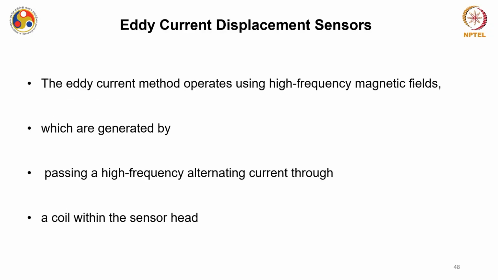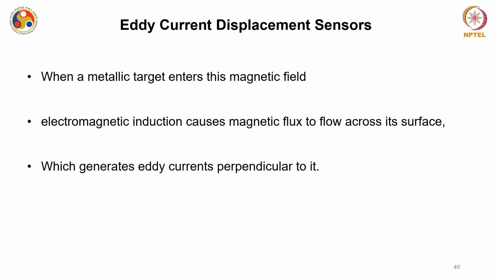So they are very much ideal for being used in harsh industrial conditions. The eddy current method operates using high frequency magnetic fields which are generated by passing a high frequency alternating current through a coil within the sensor's head. When a metallic target enters this magnetic field, electromagnetic induction causes the magnetic flux to flow across its surface.